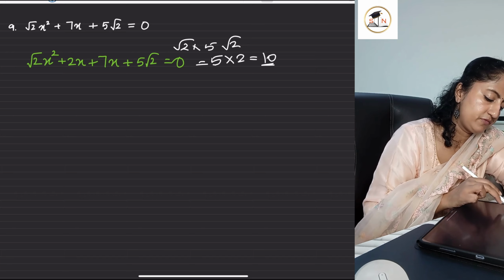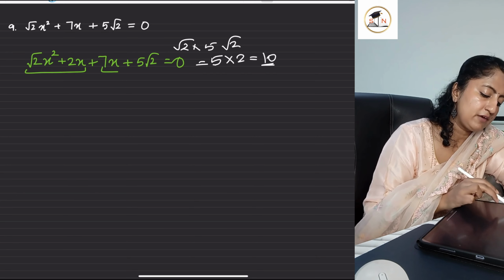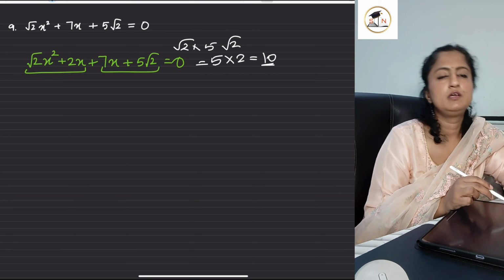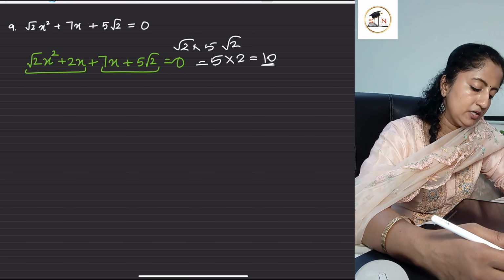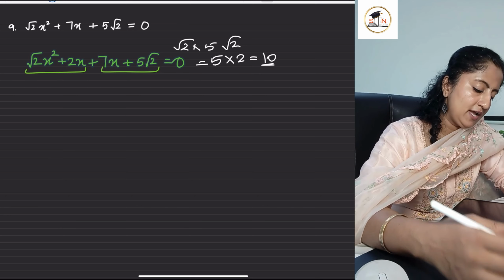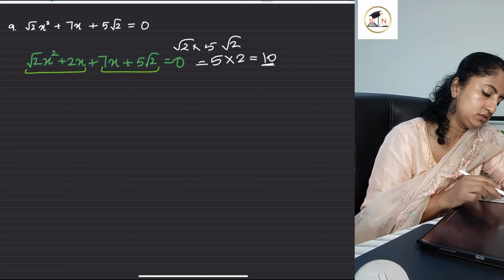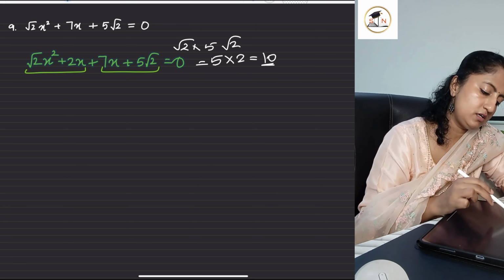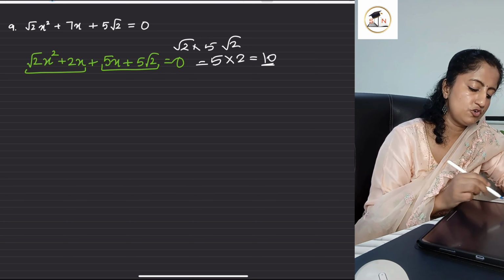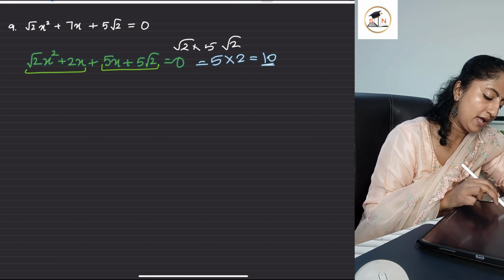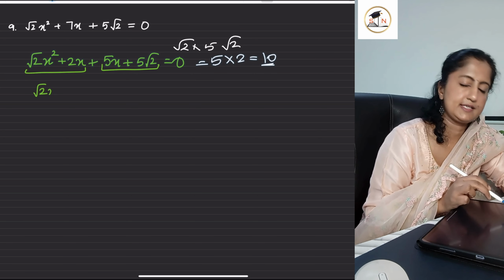Now grouping. What are we having common in the first row? Many of you will say over here that we have x common, but no, it is not x. We have got, sorry, I have written it wrong over here. It had to be 5x, right? So now we're grouping. In the first group, what do we have common? We have root 2x.